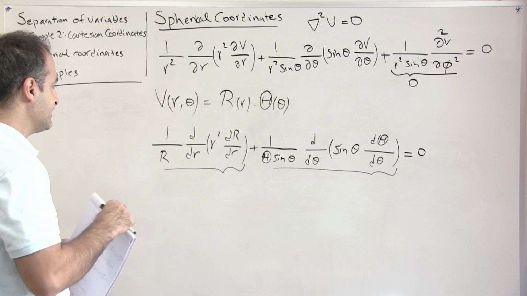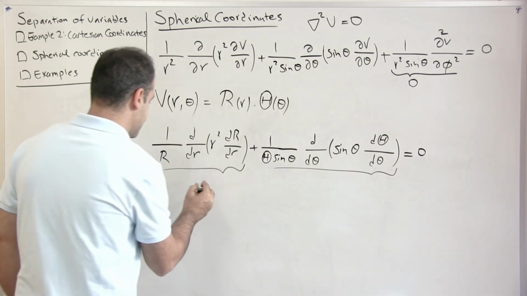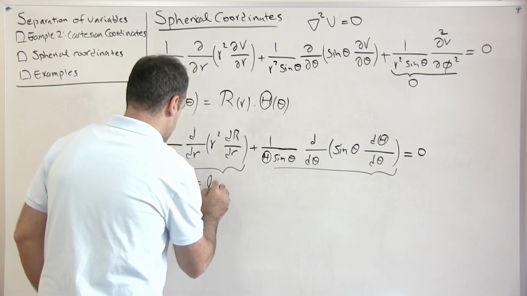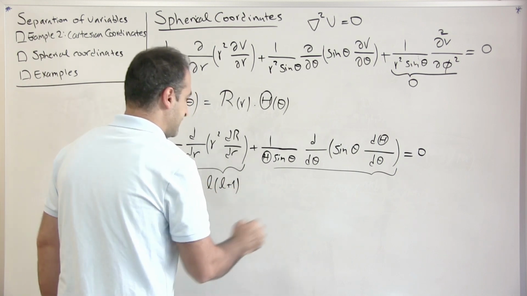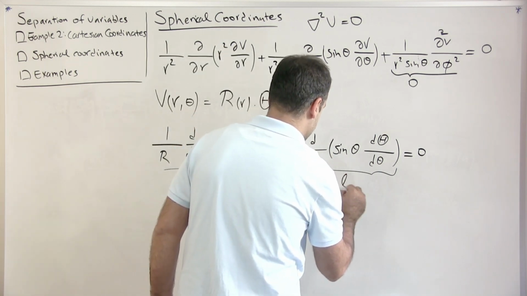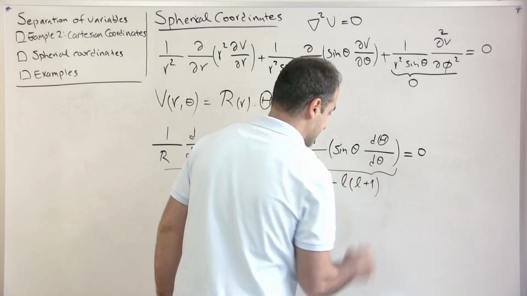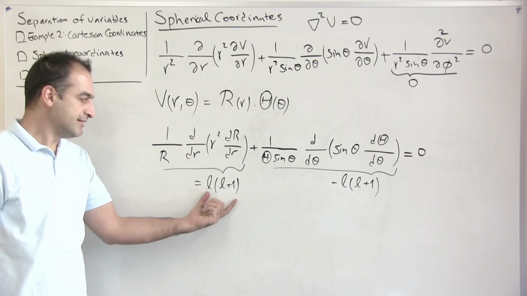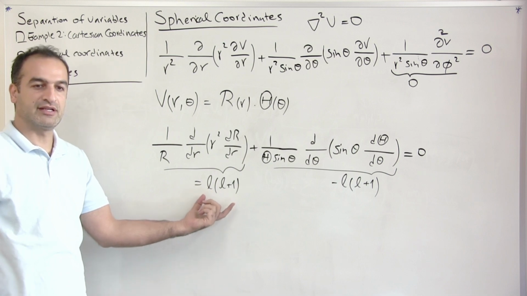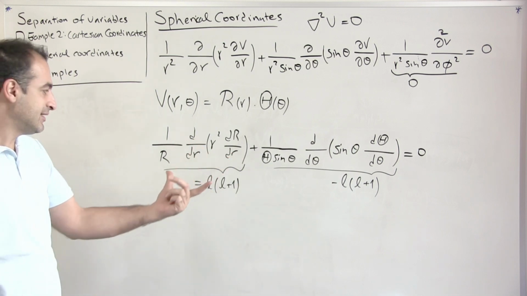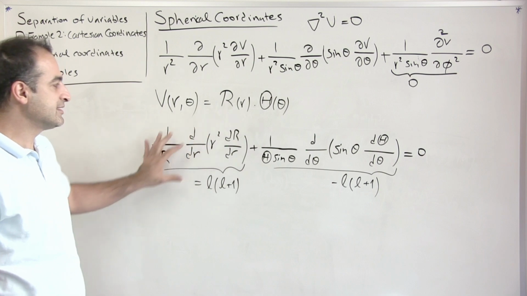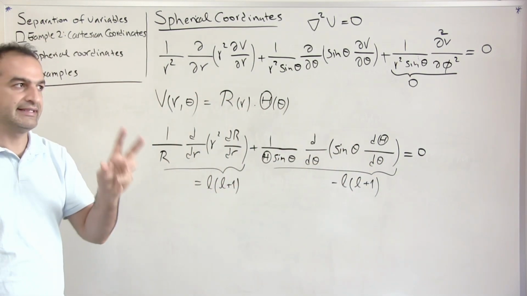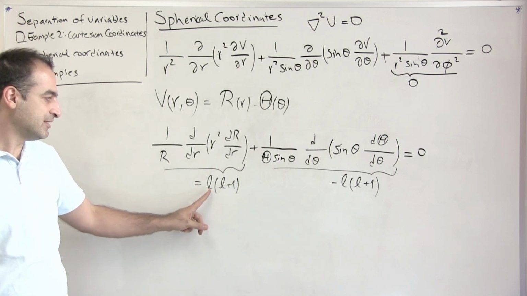The way we choose the constants is to set this one equal to L times L plus 1, and this one equal to the negative of L times L plus 1. You may ask why I choose the constant in this format and not something like L. You will see later that with this format, the solutions of these differential equations can be written more conveniently and easily in terms of the variable L.